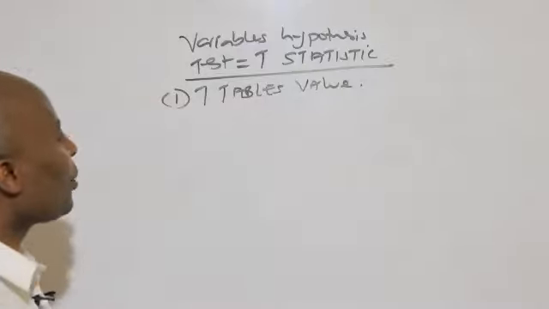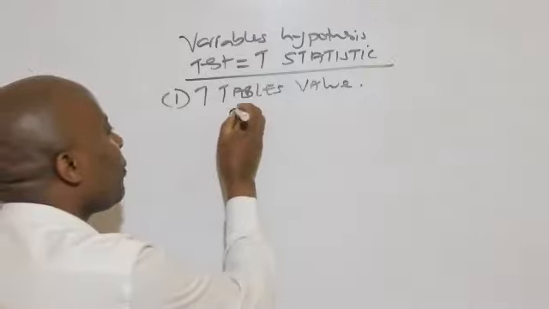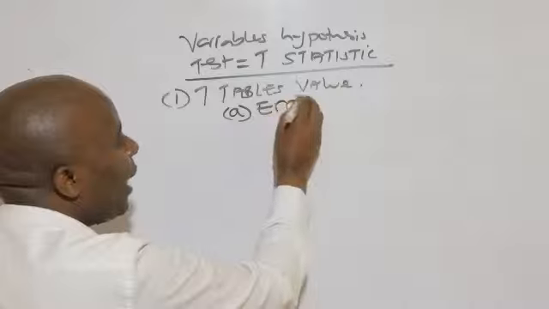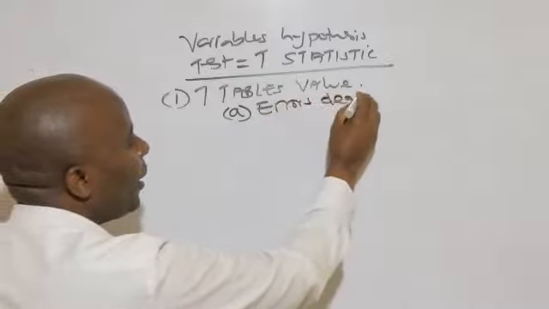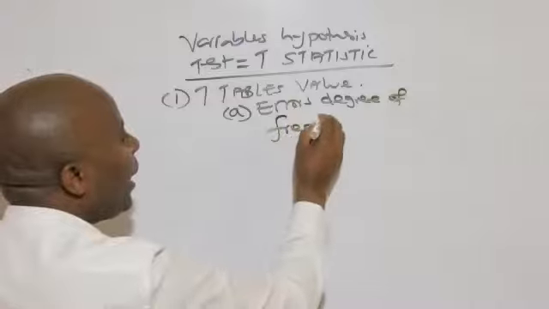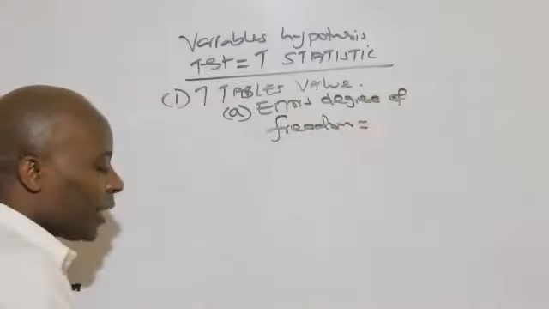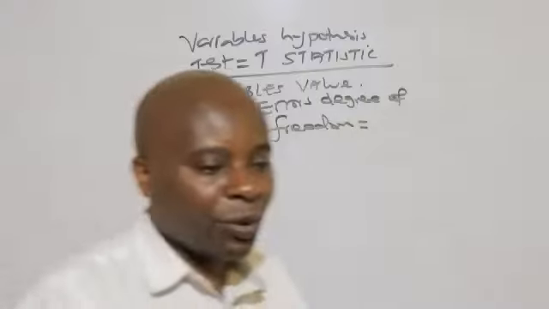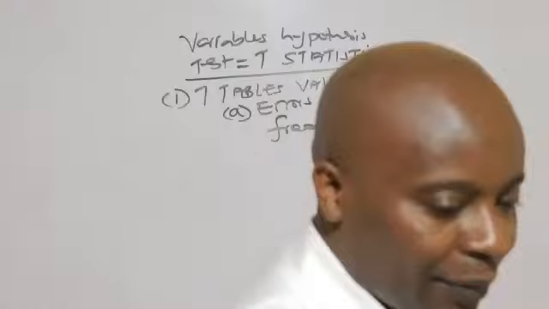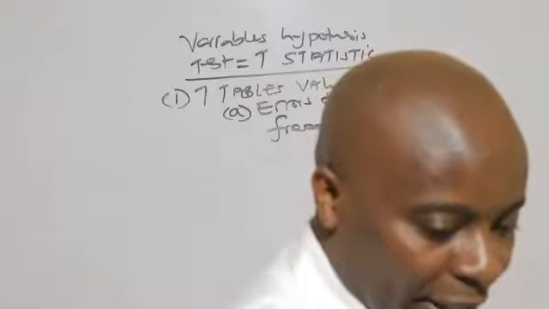For me to read this t-tables value, what do I need? Number 1, I need the error's degrees of freedom. Is there somebody who is able to see the degrees of freedom of the error term?